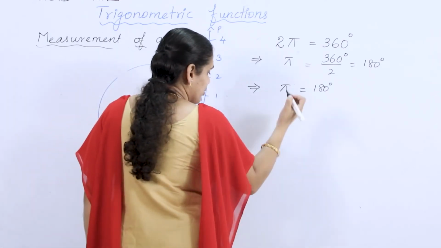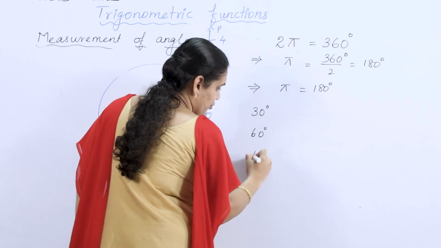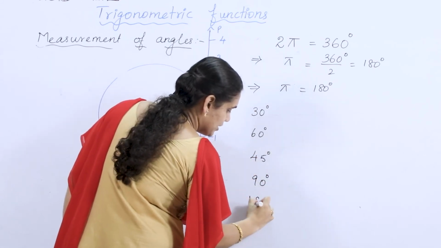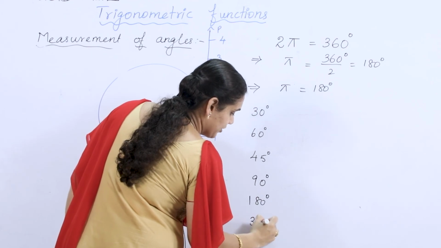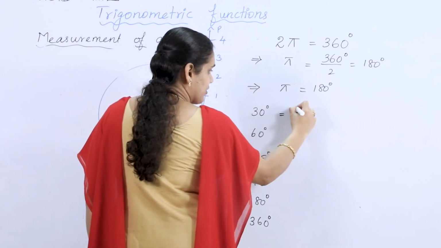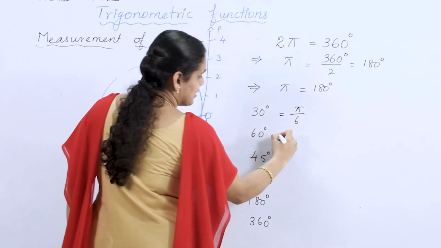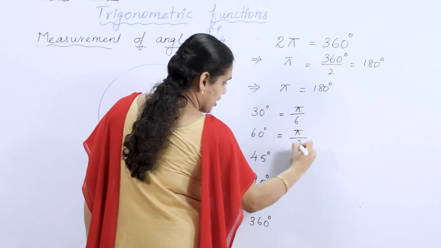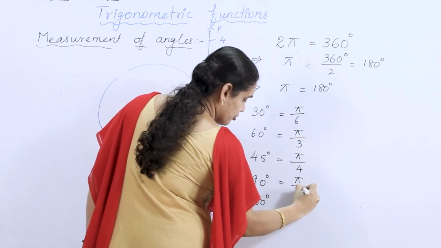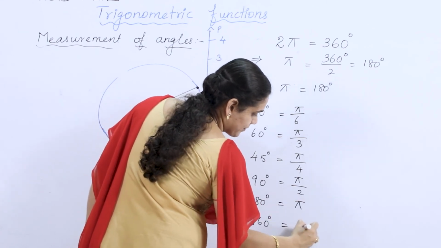So far we have studied 30 degree, 60 degree, 45 degree, 90 degree, 180 degree and 360 degree. Now let us convert these into radian measure. We can write this one as pi by 6, because 180 by 6 is 30 degree, and this is pi by 3, this is pi by 4, this is pi by 2, here it is pi, and this is 2 pi.